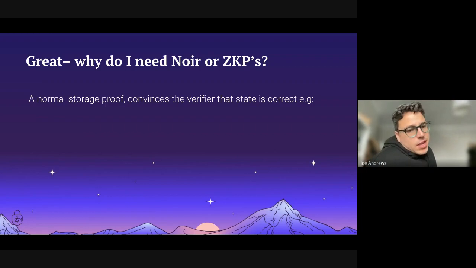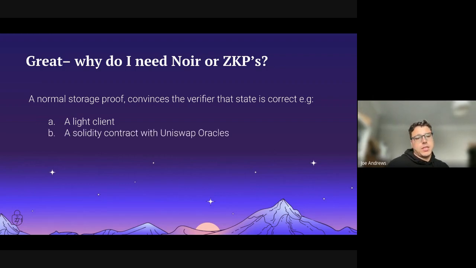But I think a normal storage proof, the way I think about this, convinces a verifier that the state is correct. So you can use this in a light client to prove the current state of the Ethereum blockchain and make some action based on that. You could use it in a smart contract where all the data is public, but you don't want to pay a heavy cost for read items in Solidity.